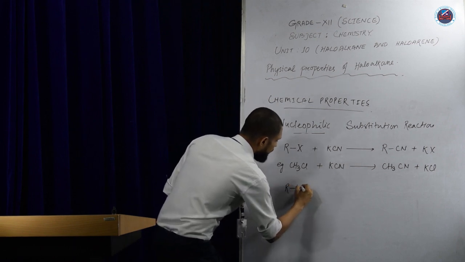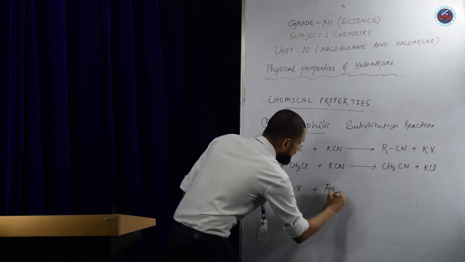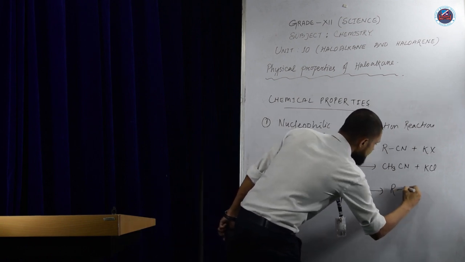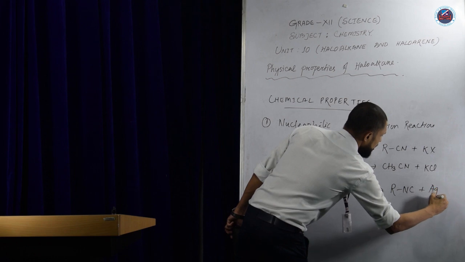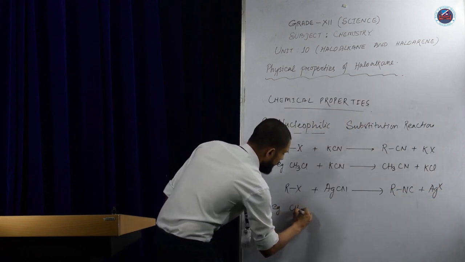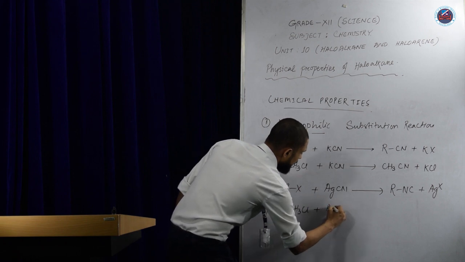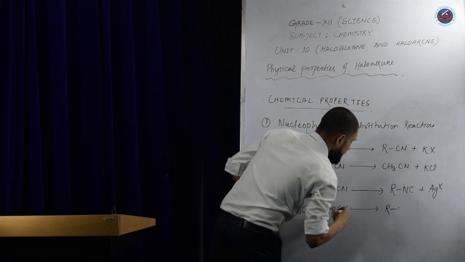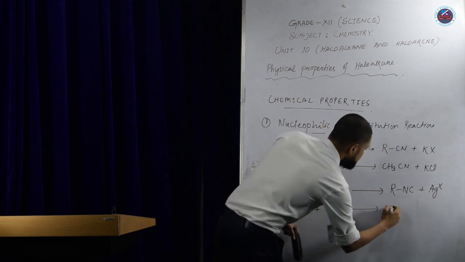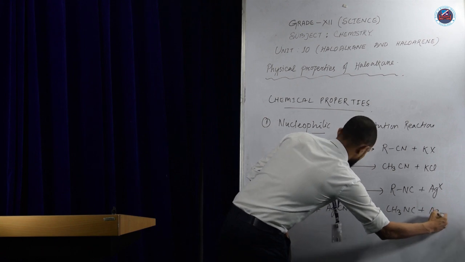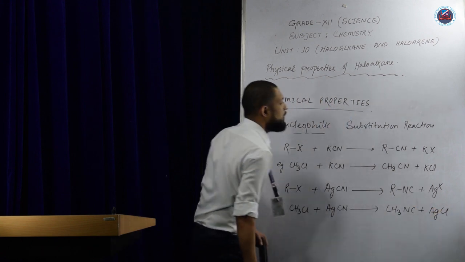Whereas if RX reacts with AgCN, you will get RNC plus AgX. Example, CH3Cl plus AgCN will give CH3NC plus AgCl.